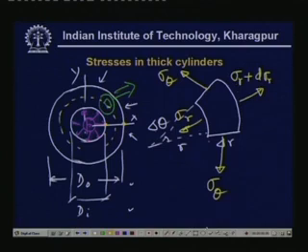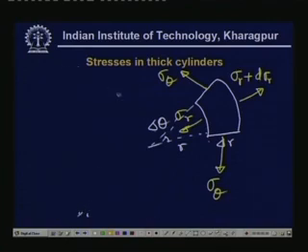Now we are ready to use our statical equilibrium equation. Let us look at that. If we use the statical equilibrium equations, then we get sigma r, and here the total force is sigma r is the stress. So therefore the force is sigma r times r delta theta times 1.